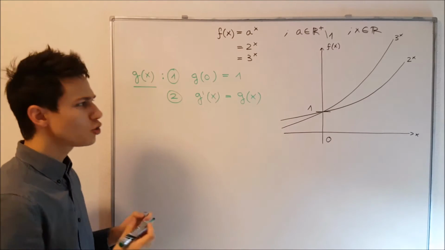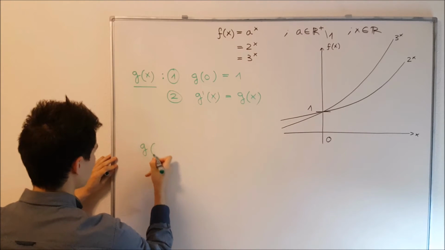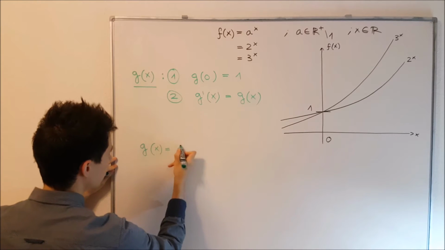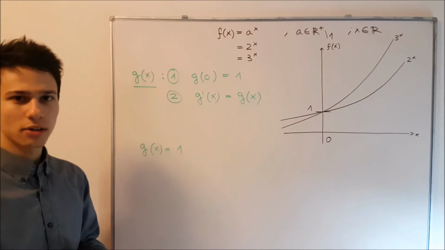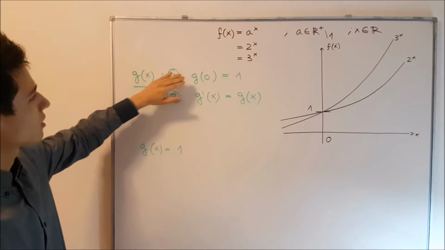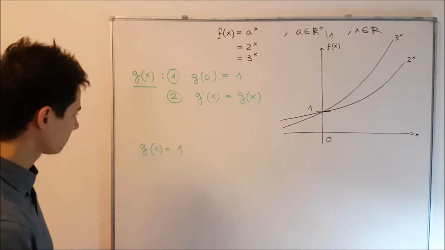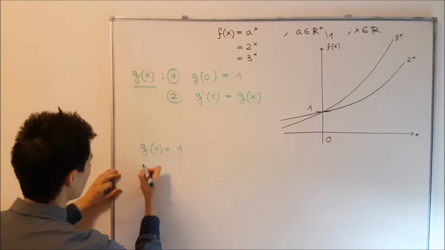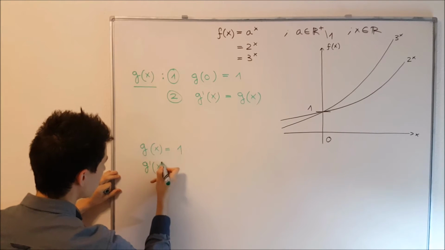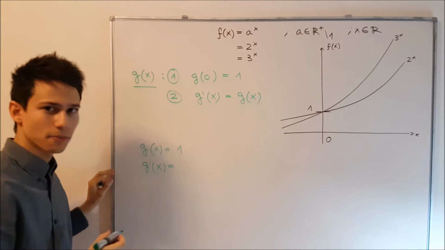Now let's just assume that g of x was equal to the value 1. Why 1? Because then it would already satisfy the first condition. G of 0 equals 1. Okay? Now let's calculate the derivative. G prime of x would be 0, right?